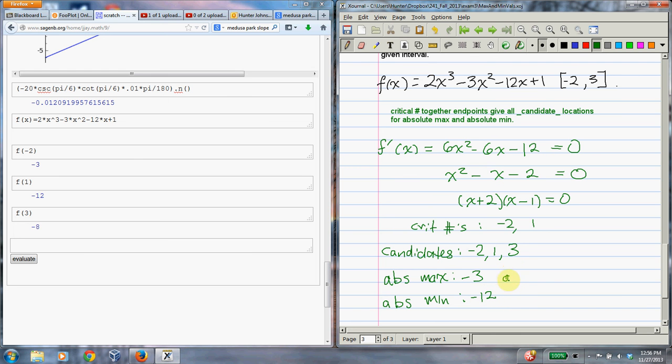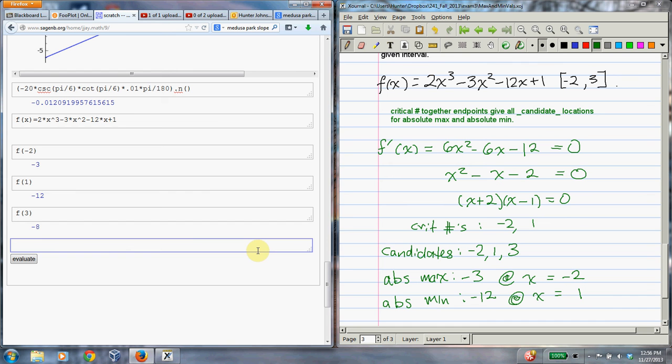This occurs at x equals -2, and this one occurs at x equals 1. So let's plot this thing, just to double check. We'll plot f on the interval that includes all these things, so let's go from -2.5 to 3.5.